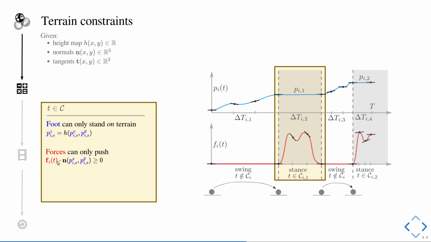And we can formulate this very naturally because we have all the variables required for this in our optimization algorithm. So we're optimizing over the three-dimensional forces. We project these forces onto the normal of the terrain, so depending on how the terrain is oriented at the specific XY position wherever our foot is standing right now. And we have to make sure that these forces that we projected here are greater than zero, so pushing and not pulling.